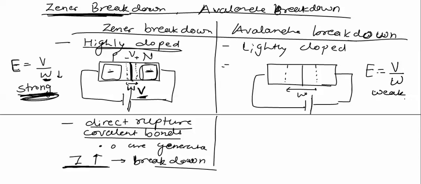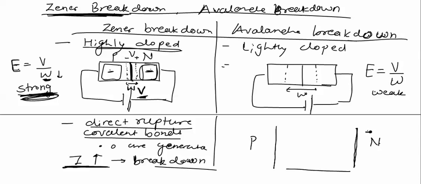So the electric field cannot be responsible for breaking covalent bonds. In a lightly doped PN junction, for example, this is the n-type region, this is the p-type region, and this is the depletion layer.